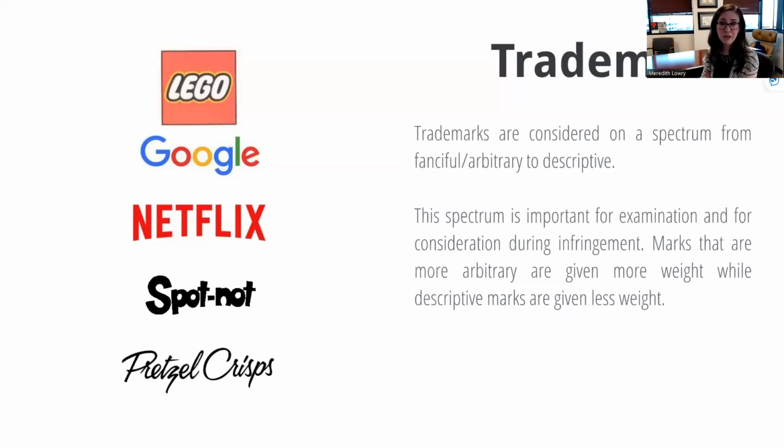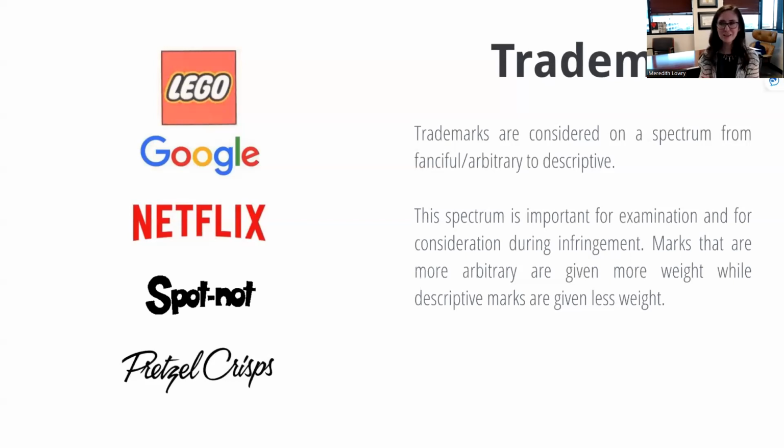Google runs the risk of being too well used as a term, which I'll get to in just a minute, but most people fall in the spectrum of almost descriptive or suggestive. I understand why people want to use a descriptive trademark like Spot Not for car washes.